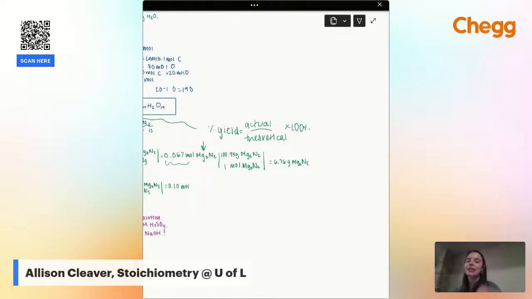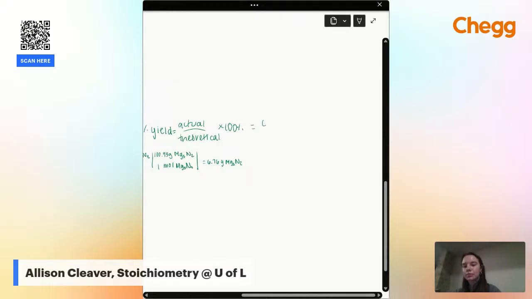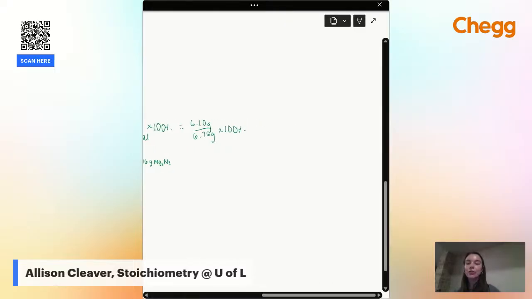That's why it's times 100, just to get it in percent. So we would do 6.10 grams over 6.76 grams times 100%. We put that in the calculator and we get 90.2%.